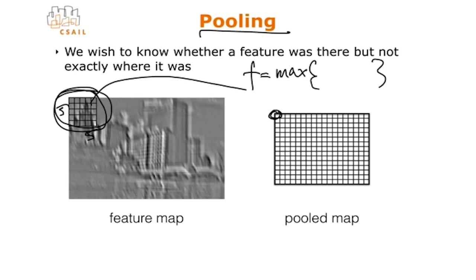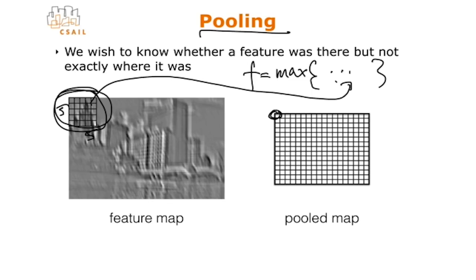So I take the values of those 25 pixels within that patch, and I'm just taking the maximum value. So the maximum activation of what that feature was trying to detect. So I'm going to store the fact that there is activation, but not where it is among those 25 pixels.